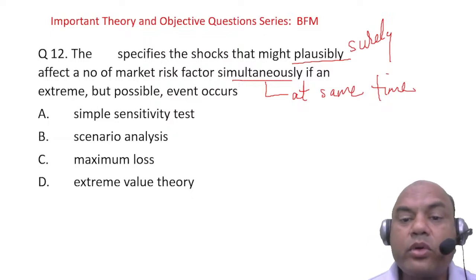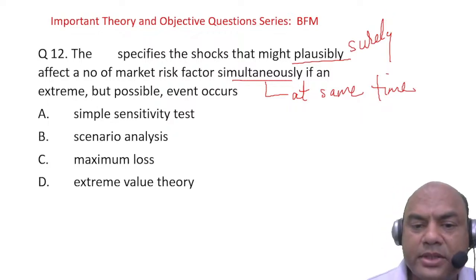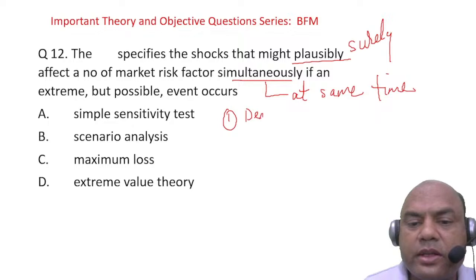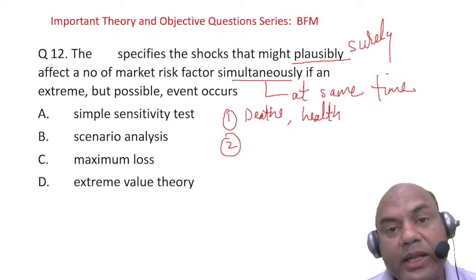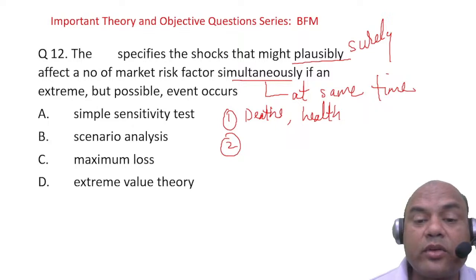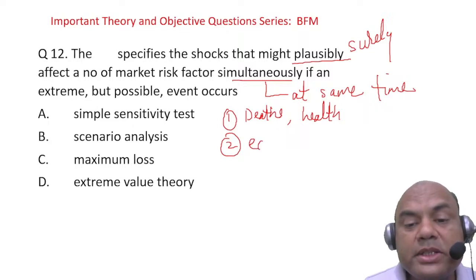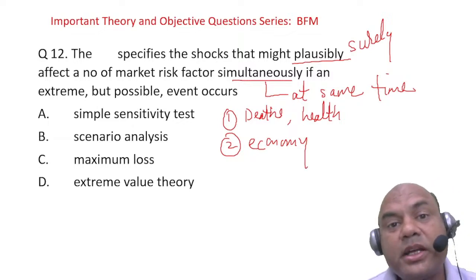See here. When COVID came, what happened? First, health issues, health condition, deaths. It's always said in English that whenever bad things come, they come at the worst time. Then second was economy. Economy immediately went down. All your interest rates immediately went up.